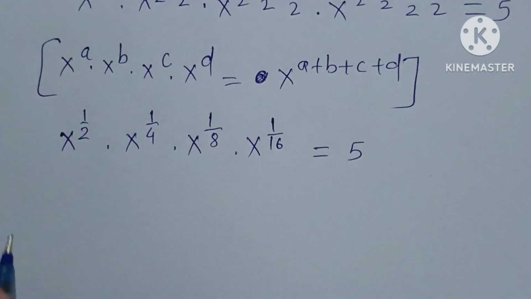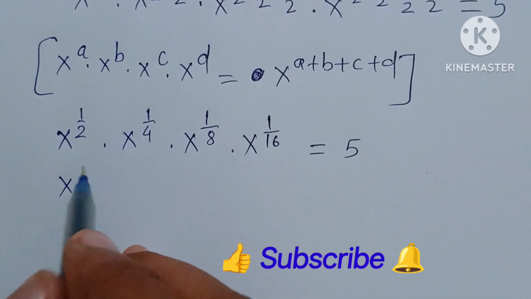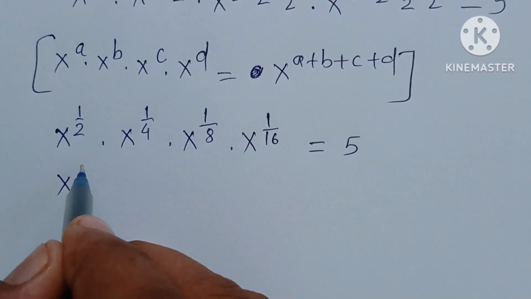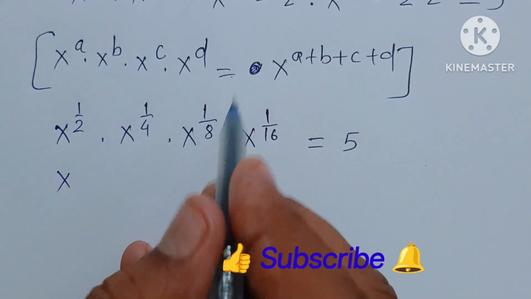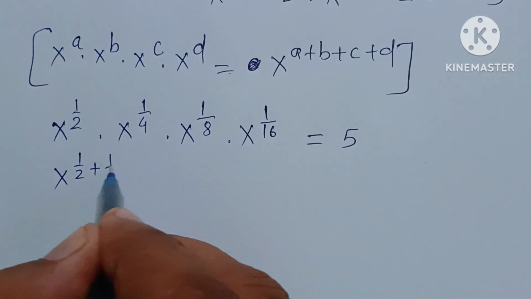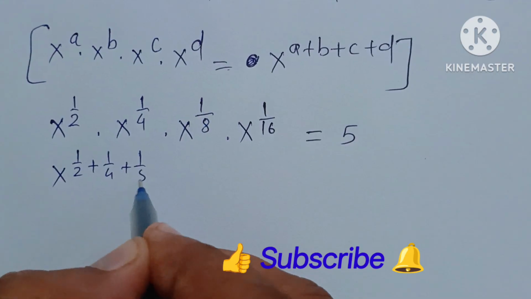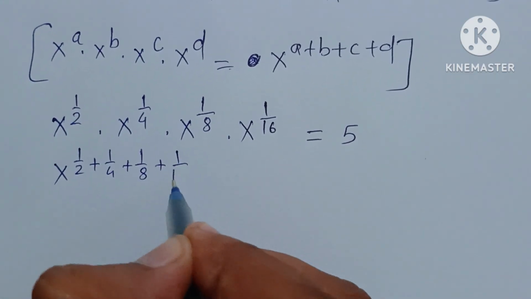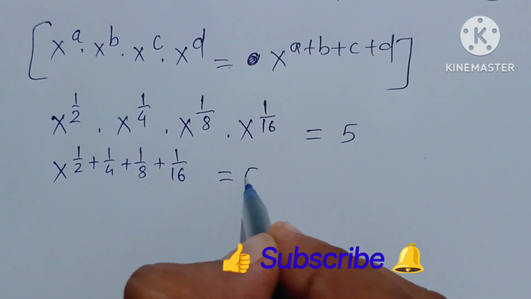Now we can write here x raised to the power, this identity we can apply here, 1 by 2 plus 1 by 4 plus 1 by 8 plus 1 by 16 is equal to 5.